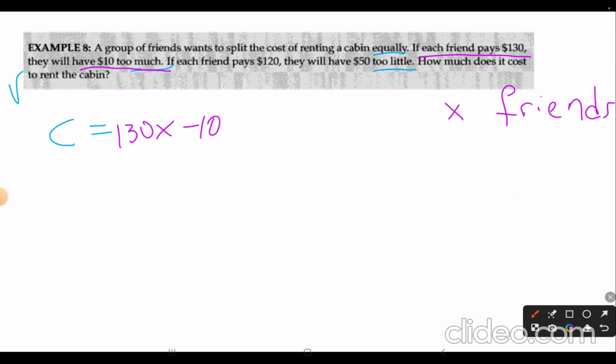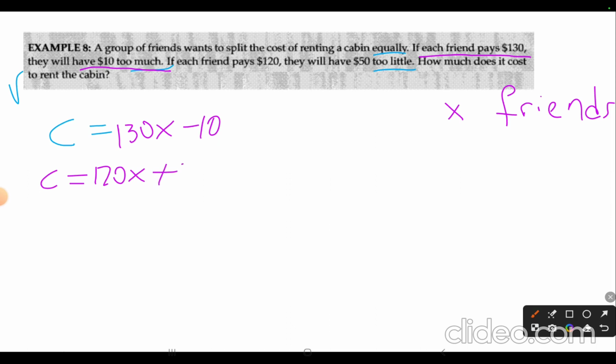And for second equation, if each friend pays $120, they will have $50 too little. Also the same cost, 120x, they will pay. For example, 10 people, they will pay 1,200. And also they have $50 too little.